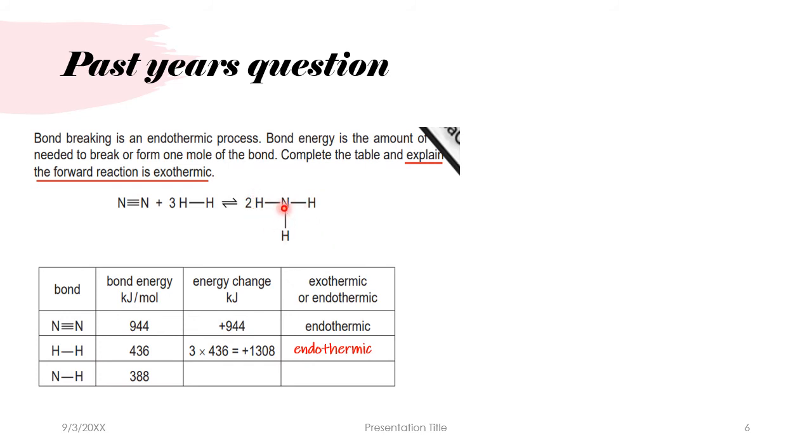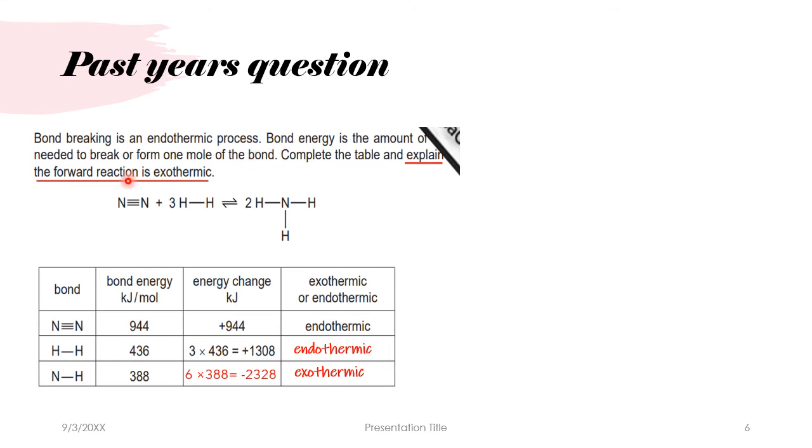Jadi kita ada 3 nitrogen to hydrogen bonding times 2, so altogether 6 lah. So 6 times 388 is equal to 2328. Okay, so biasanya untuk produk dia adalah exothermic reaction sebab dekat produk kita akan form bonding yang baru. Forming a bonding will release heat energy. So this is exothermic.